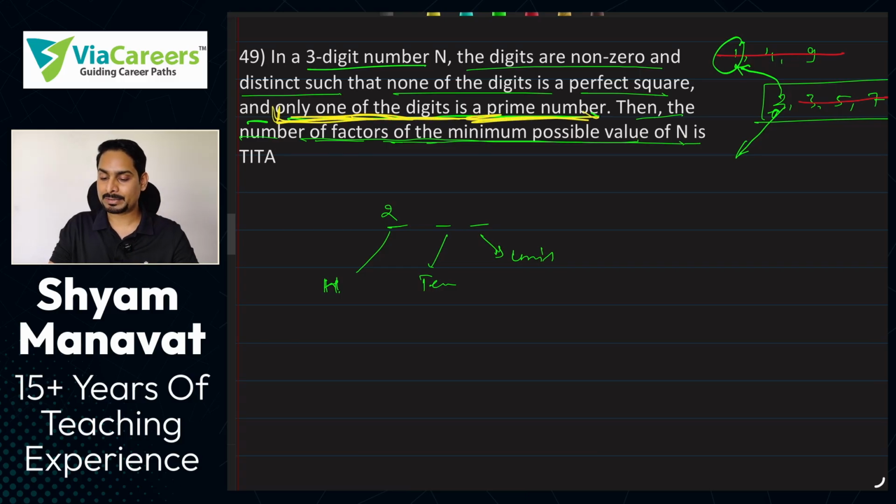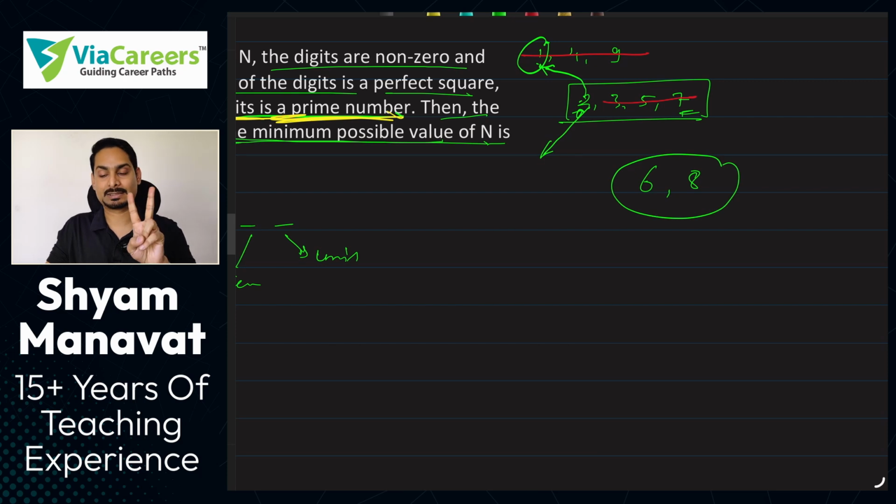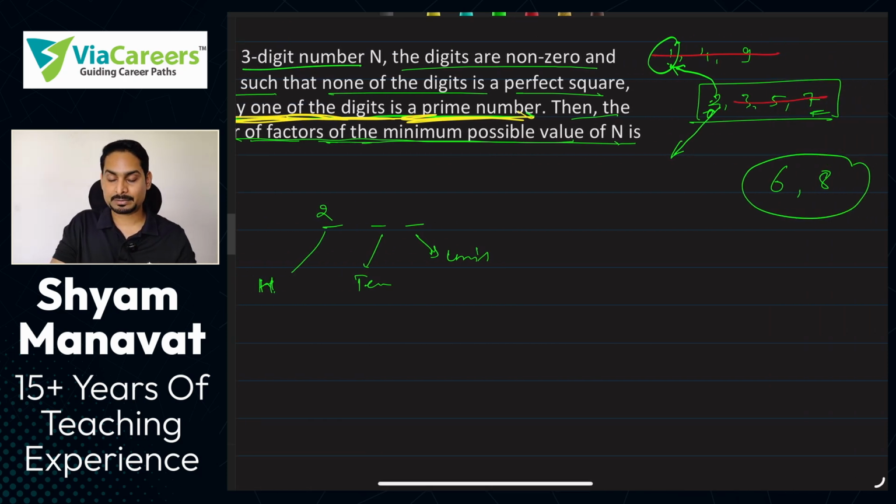So which are the other digits remaining now? See, 1 is done, 2 is done, 3 and 4 are also done, 5 is done, 6 is remaining, right? 7 is here, 8 is there, 9 is there. So only 6 and 8, only these two digits are left. Again, to keep the number smallest, which digit should I use at the tens place, 8 or 6? Think.